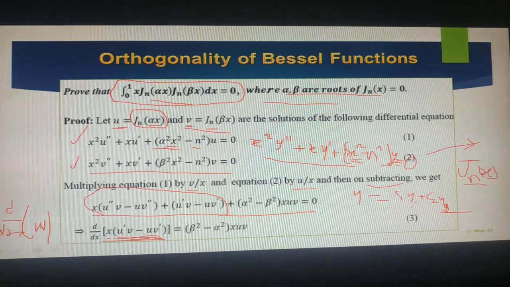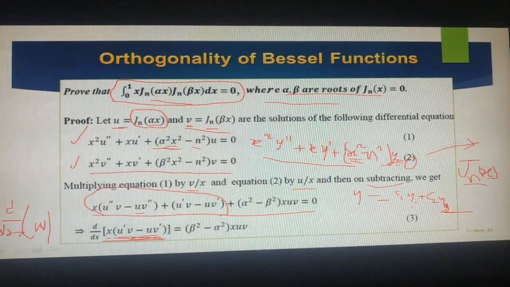Okay, here we have plus u dash v dash, here we will get minus u dash v dash, both will get cancelled, and the remaining terms will be these two. So by using this particular formula you can easily get this term, right?